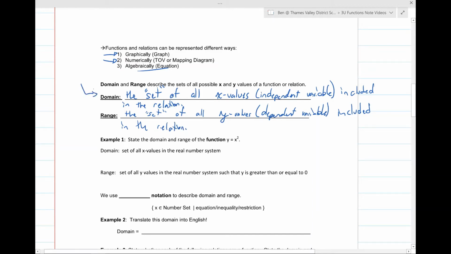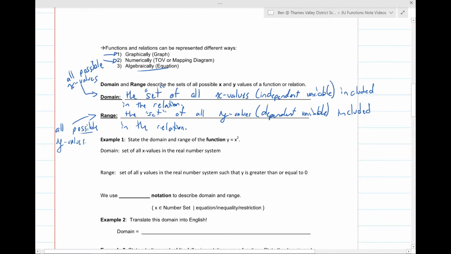Meaning your domain is all possible x values that your function takes on. Your range is the same thing, but for y values. All possible y values.